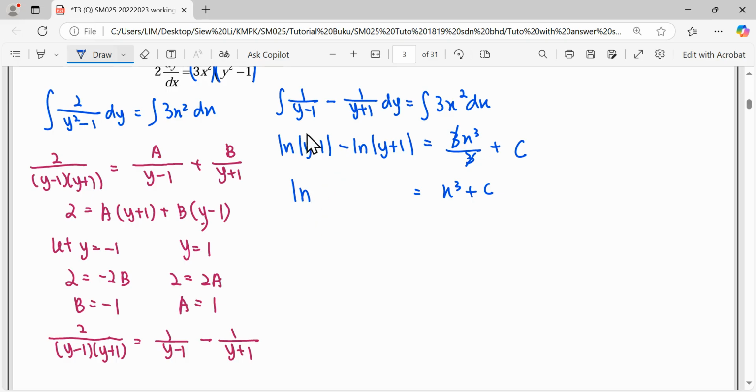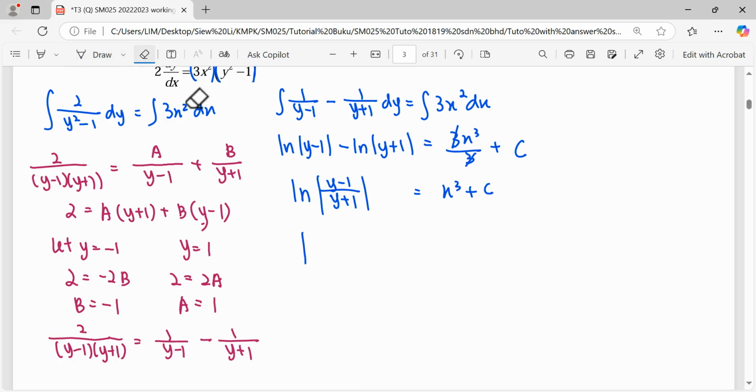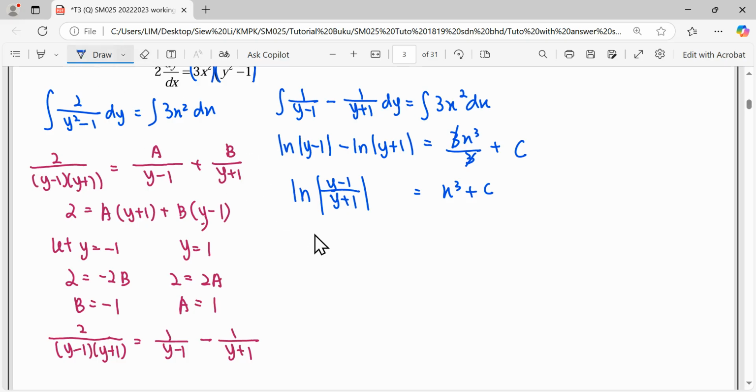So ln minus ln, our items here will be in division. Then we start to unlog. Unlog gives us y minus 1 over y plus 1 equals e to the power of x cubed plus c.